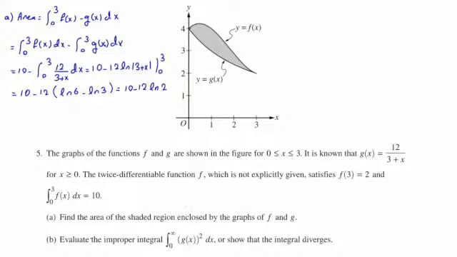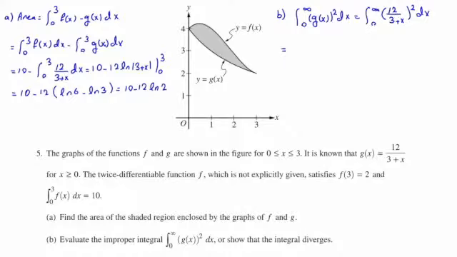Part B. It says evaluate the improper integral from 0 to infinity of g of x squared dx, or show that the integral diverges. So for part B, integral from 0 to infinity of g of x squared dx, we replace g of x with 12 over 3 plus x squared dx.